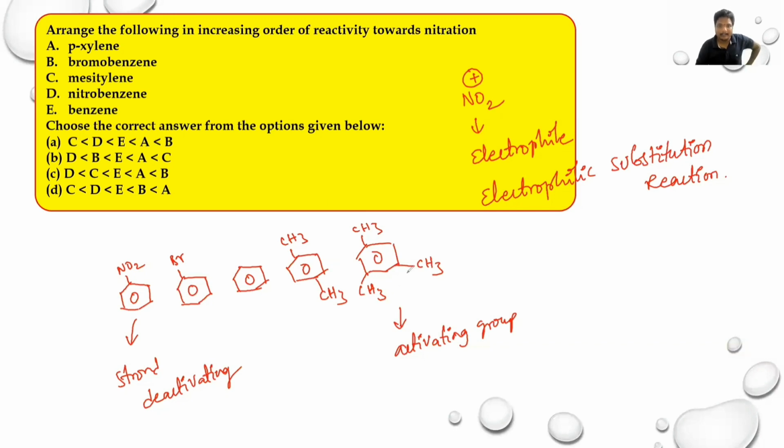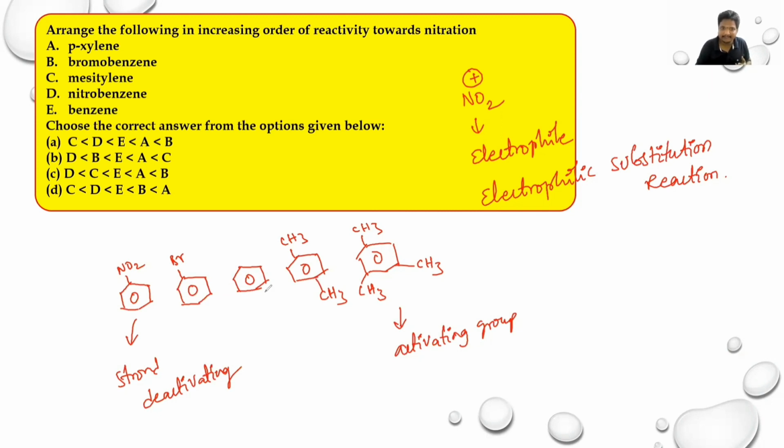With more ring activating groups there is more reactivity towards nitration, and with fewer there is less. The reactivity will be more for mesitylene and then paraxylene.